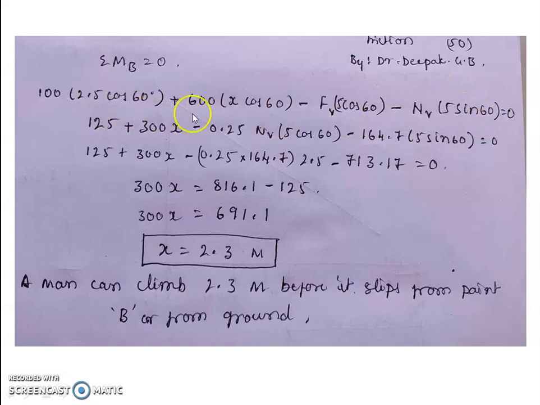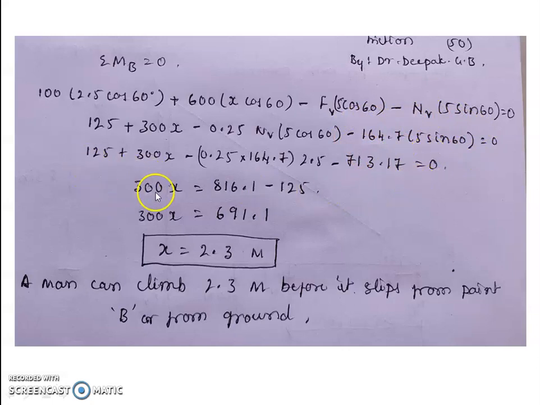Now simplify this. It works out to be like this. The simplification of this term is 125. The simplification of this term is 300x. Here for FV I substituted mu into NV and it becomes like this. Then for this NV value I substituted 164.7. Then it simplifies to this form.